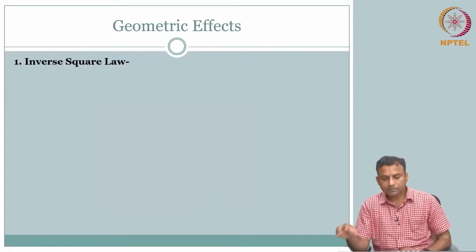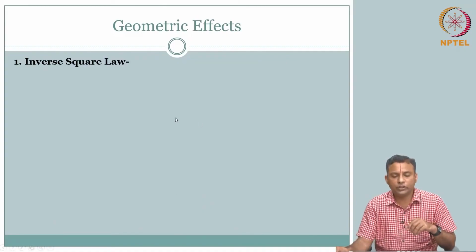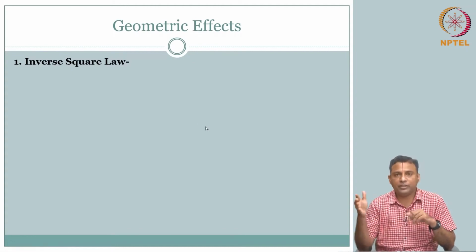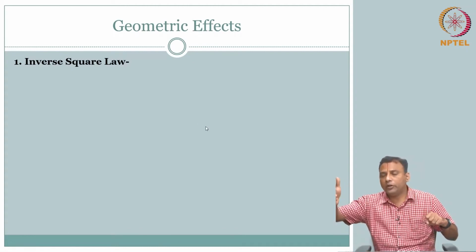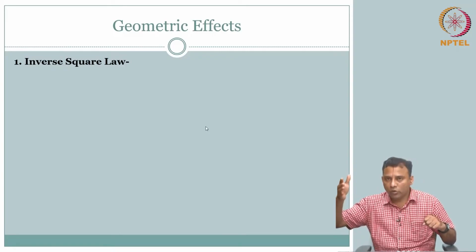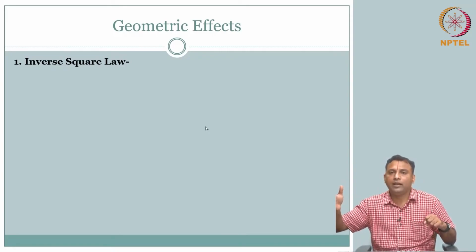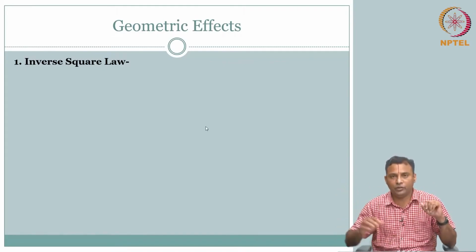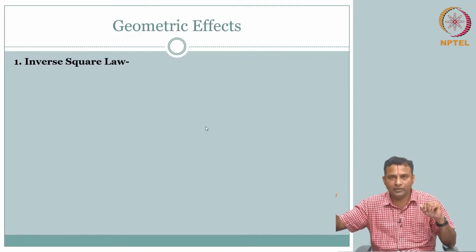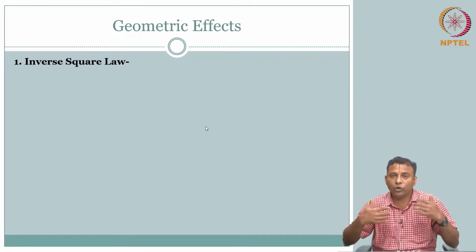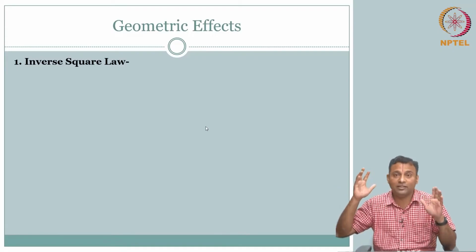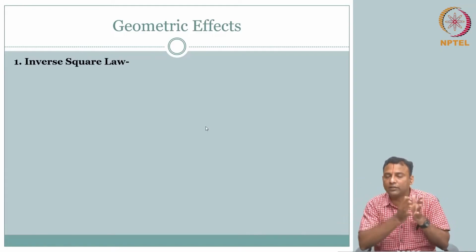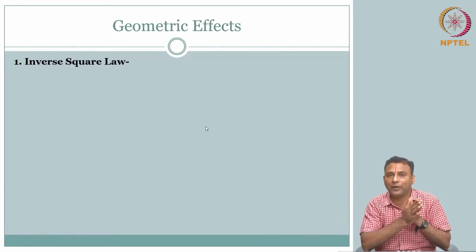Broadly, we will start with what we call the geometric effect. What do we mean by geometric effect? This is all to do with what you are going to see. What you are going to see is supposed to be an accurate version of the unknown underlying body, right? What you are going to see is your g of x comma y. The underlying unknown is f of x comma y. Remember back to our big picture systems diagram. g of x comma y should be as close as possible to your f of x comma y, right?